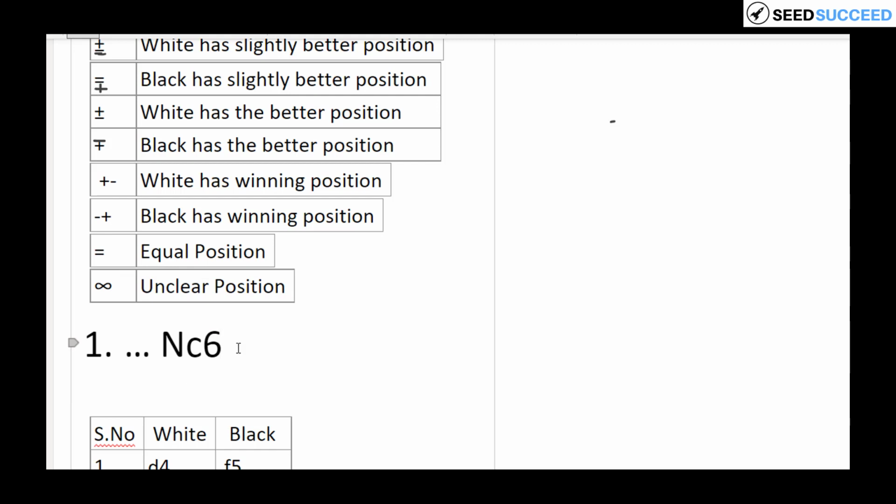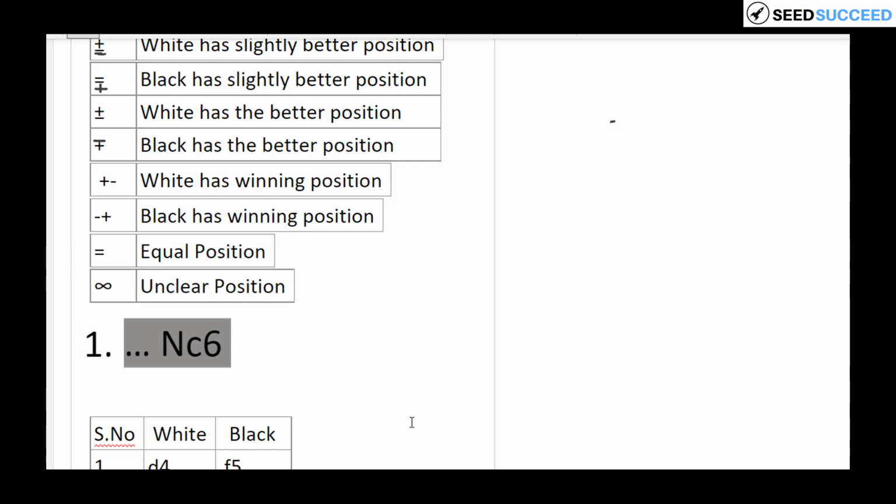Any chess player or chess coach will understand this. If you were to answer from black's point of view, then you have to put dots for white and then write black's move in the second column. Only then does that represent black's move. If you put the serial number and just write the answer, it means white has made that move.